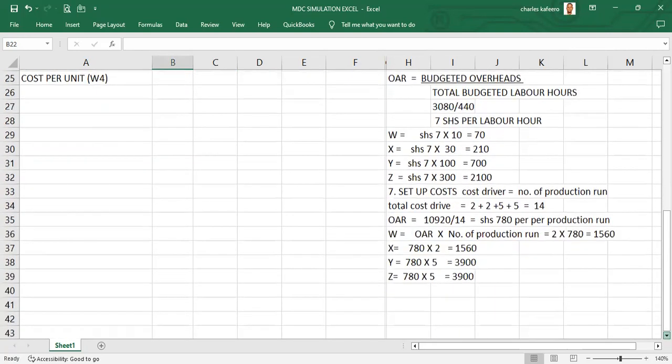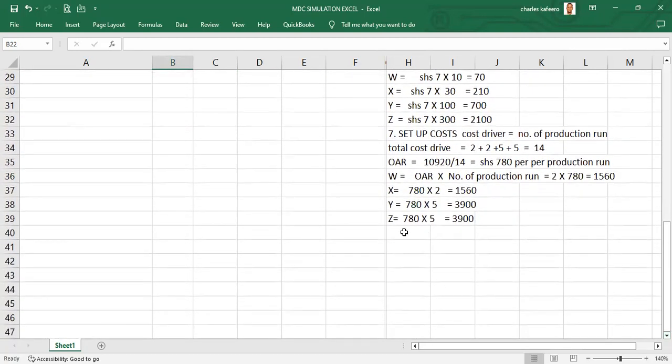And our working number 8 is all about the expediting and scheduling. We said the first step is to get the cost driver.